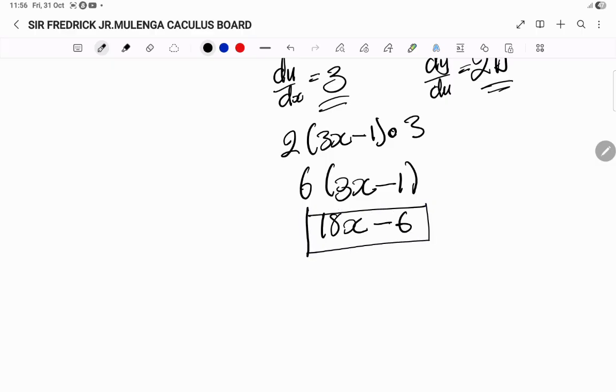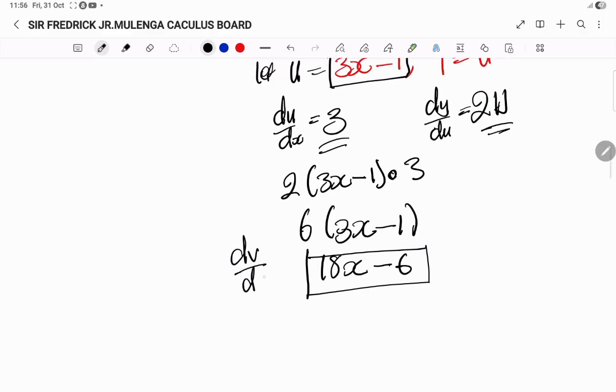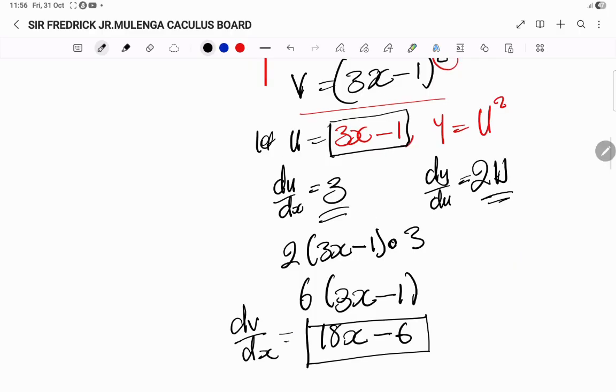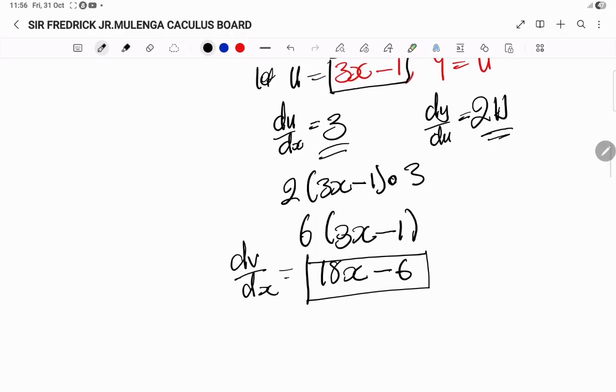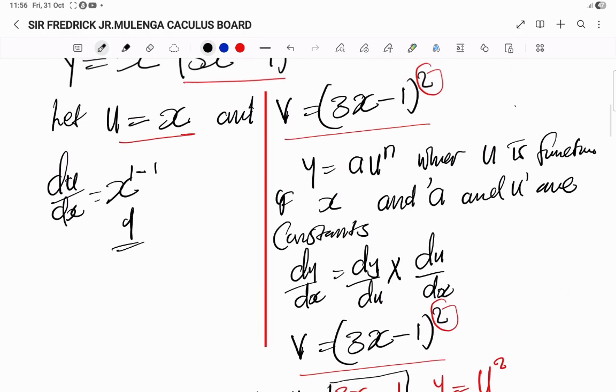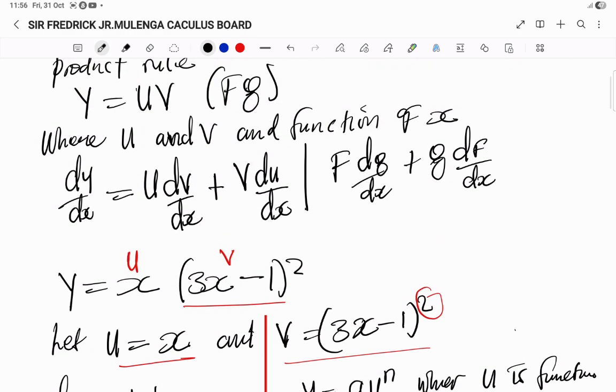So this is our dv/dx. So now we are good to go. So we'll get this question and factor it inside the product rule. So now we begin. So we'll use this formula, which is right here.